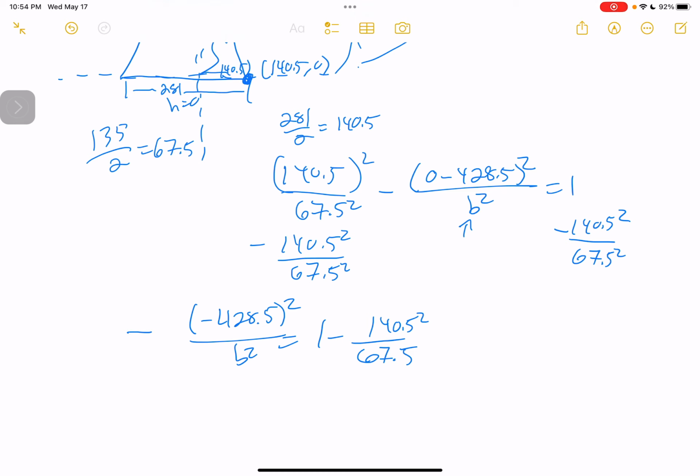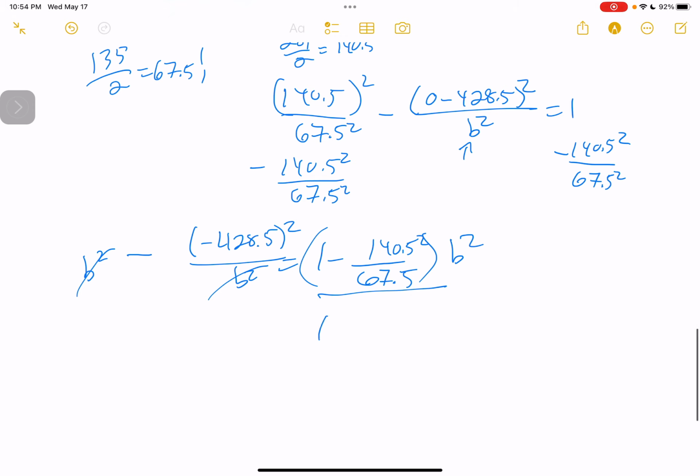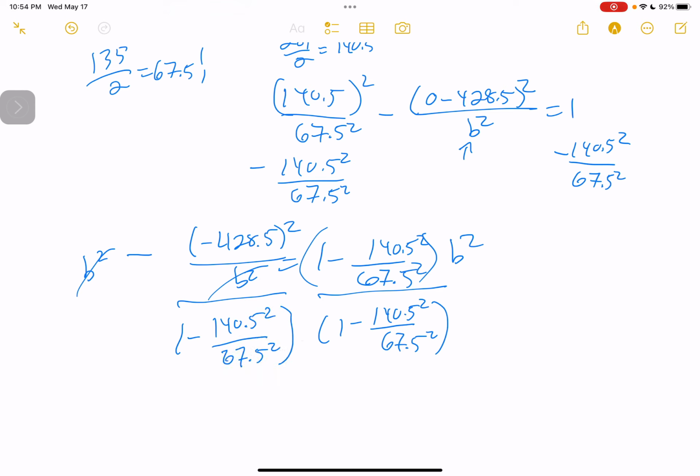It's late at night and I'm tired, so I'm going to look goofy here. If I multiply those out, I have a number times b squared equals a number. Then I divide by 1 minus 140.5 squared over 67.5 squared.